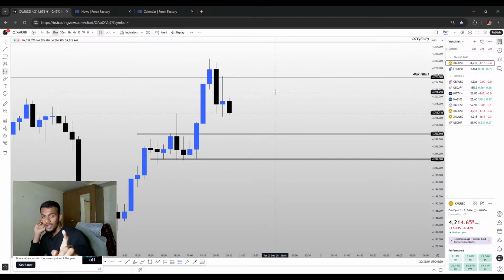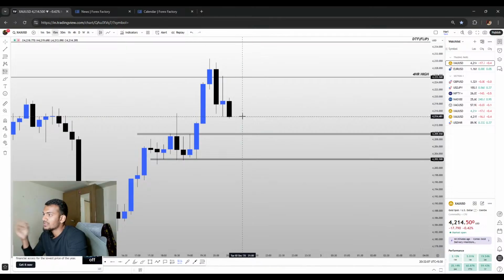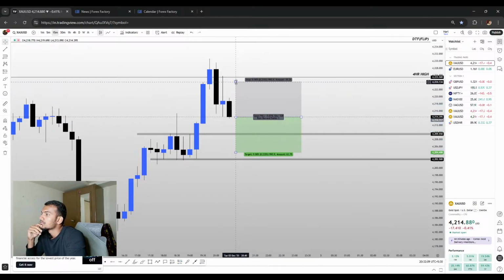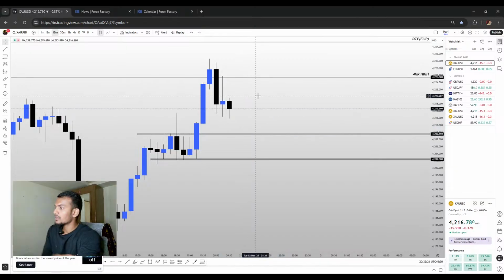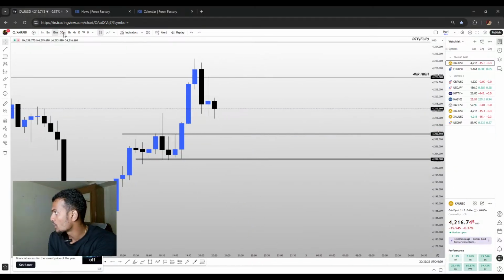I'm not going to do a trade. I'm just going to see how much risk is there, and then how much reward is there. Not enough. Not enough, and it does not look good too. So let's just keep it out.